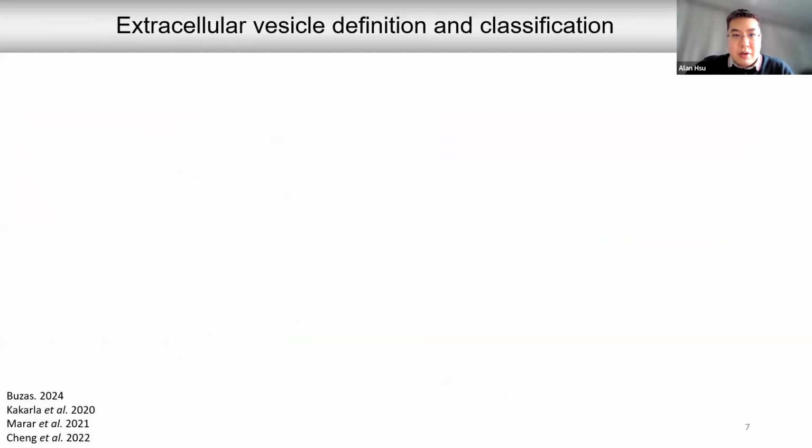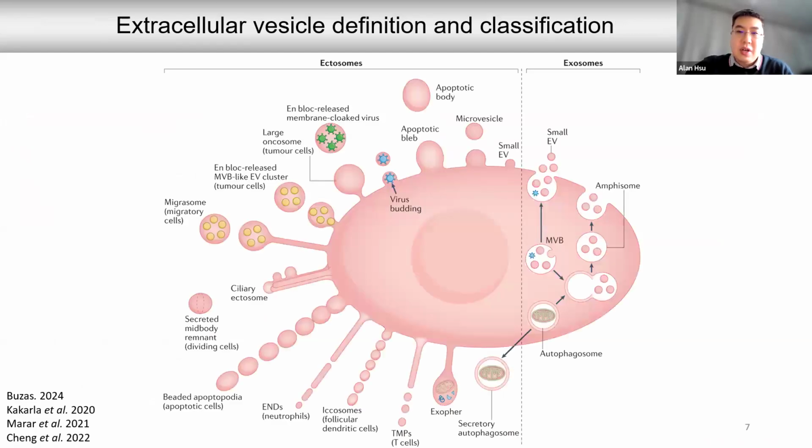So just a little background on extracellular vesicles. Currently, the field is a little bit messy, but I think the easiest way to accept this is classifying extracellular vesicles into exosomes and ectosomes. Exosomes are preformed inside the cell, in one way, shape, or form, and then this packet of vesicles would fuse with the cellular membrane and be released.